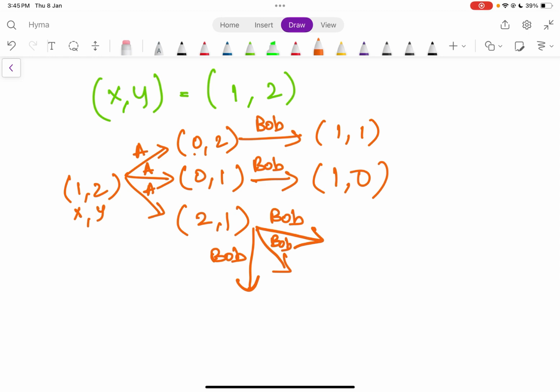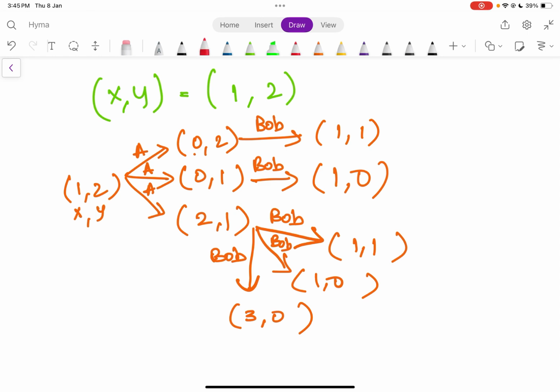Bob can eat a biscuit, so the state will be 1 comma 1. Bob can eat a cake and also a biscuit, so the state can be 1 comma 0. And the last operation is to eat a cake and increment the biscuits by 1, so the biscuits will be 3 and cakes will become 0.